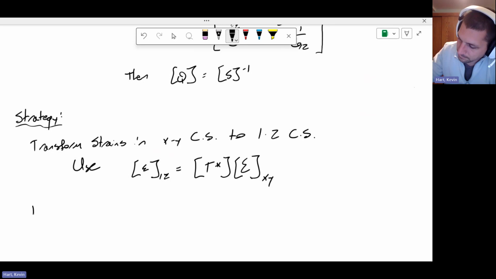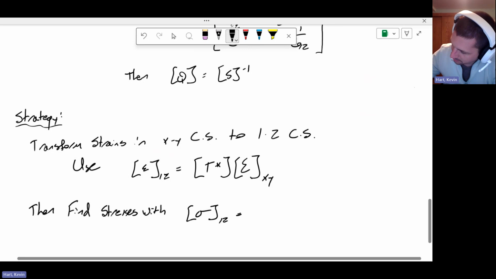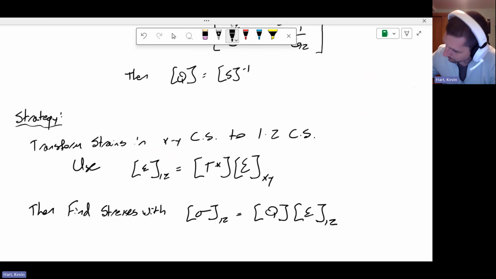And then find stresses, with stress in the 1, 2 coordinate system equal to the stiffness matrix Q times strain in the 1, 2 coordinate system.